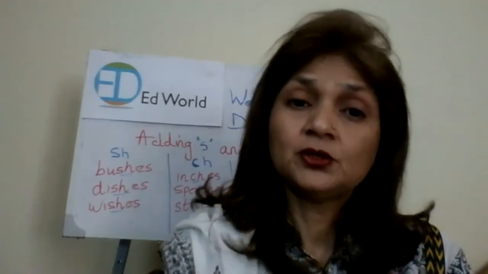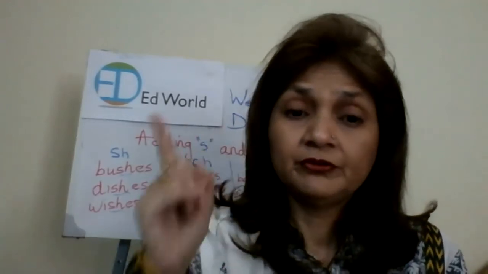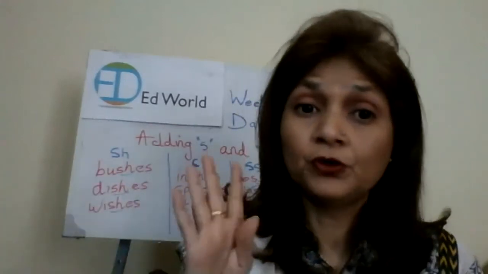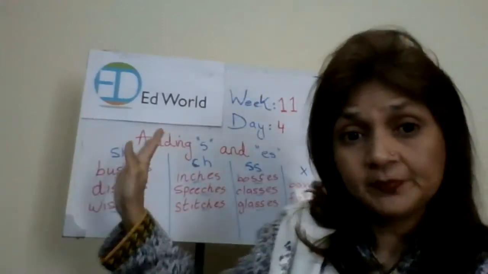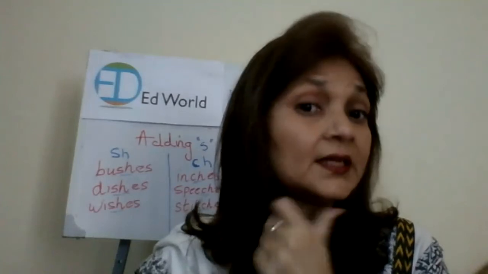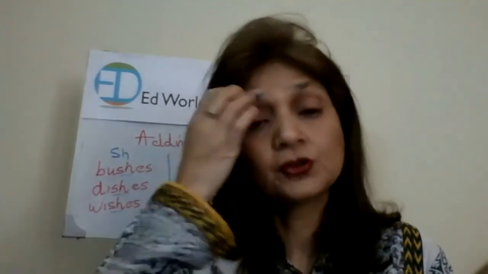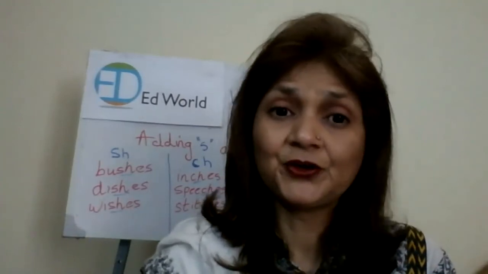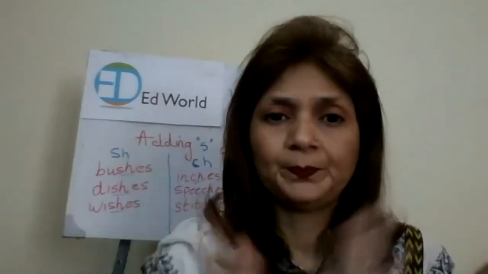Ready? Okay. So I'm giving you two tasks. First, you are going to copy the same table. Second, you are going to make four sentences because there are four tables. You are going to choose one word from each table, and then make sentences. It's a little lengthy task of writing, so I'm going to give you 15 minutes for this task, and your time starts now.